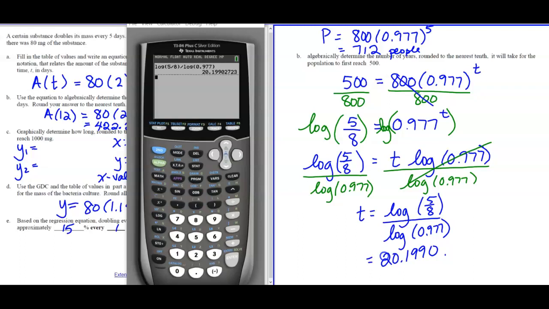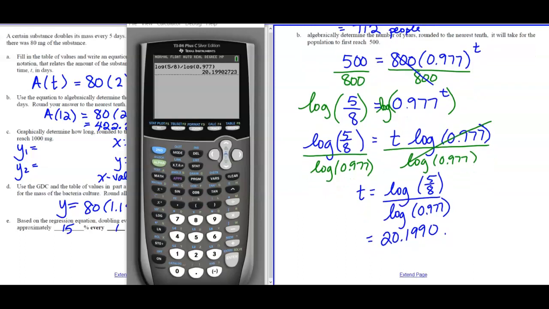So, it says round to the nearest tenth, which would be 20.2, which makes sense. Because this b value is less than 1, so it's decreasing. And where it first reaches 500, if I round to the nearest tenth, I'm actually going a little bit to the right, so it will for sure have reached that 500.